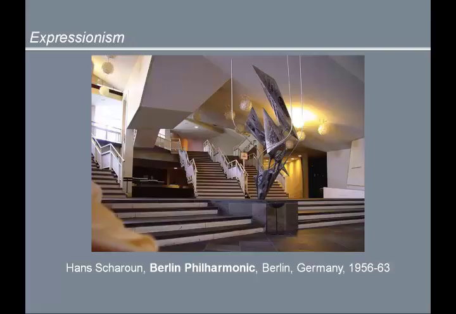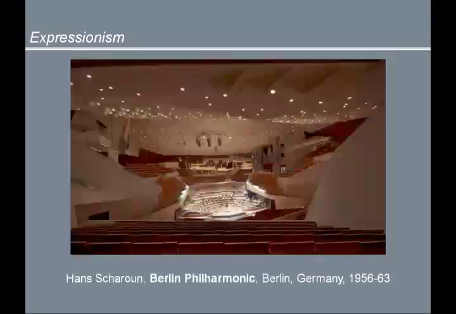So here we see some of the stairs. You can see his use of angles. You can get a sense of the way he saw music being expressed in space. And so the building is programmatically simple.